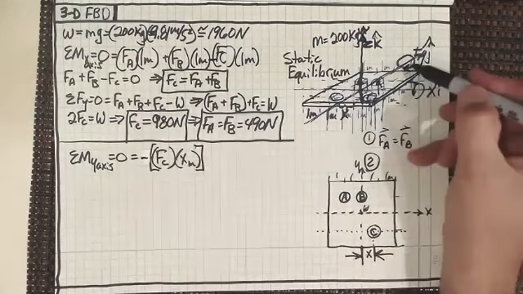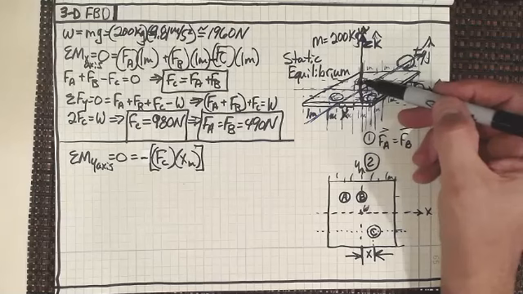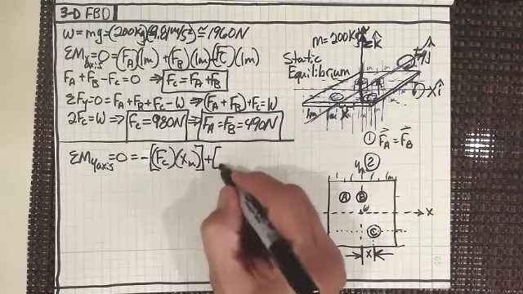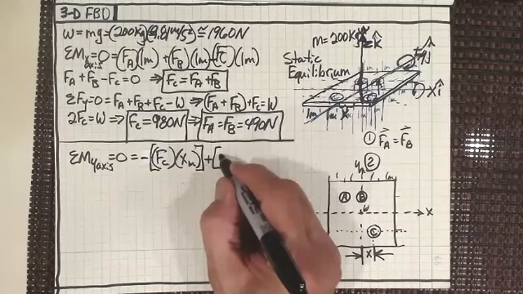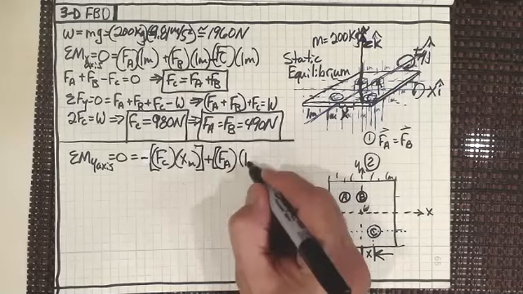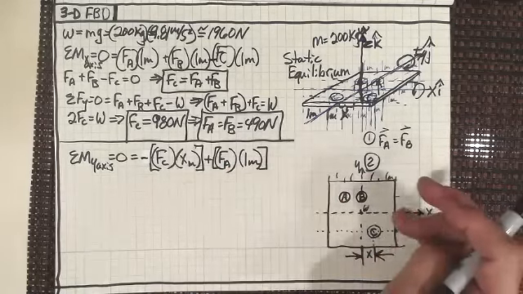All right. Now A is going to be positive. That's also going to be 1 meter away from there. So positive F sub A, right, times 1 meter. I think everybody can see where this is going because that equals 0.